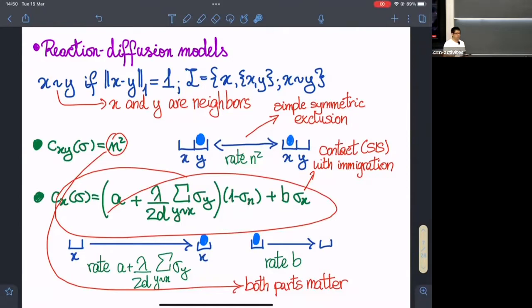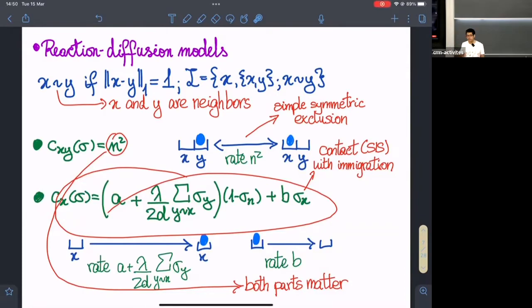If I really want to see something different, something in what we call non-equilibrium, this Cx of sigma cannot be just constant.